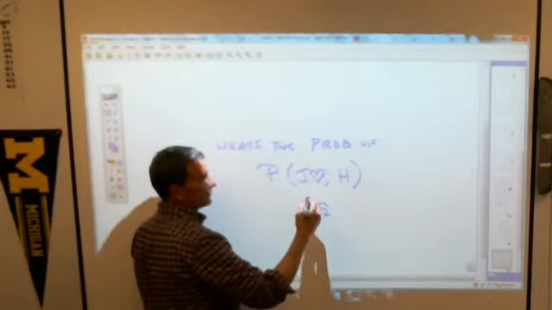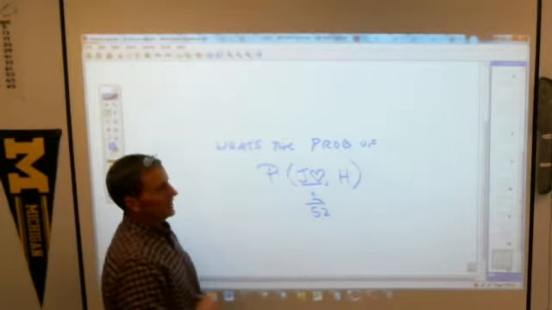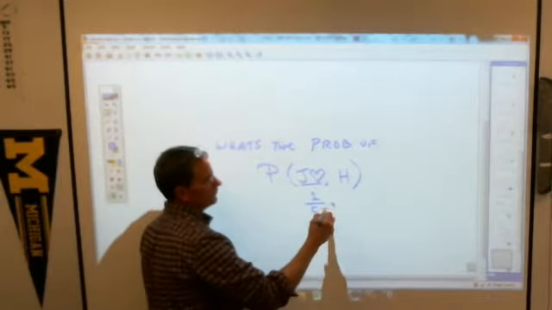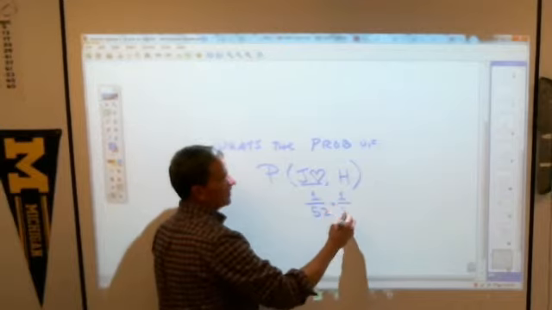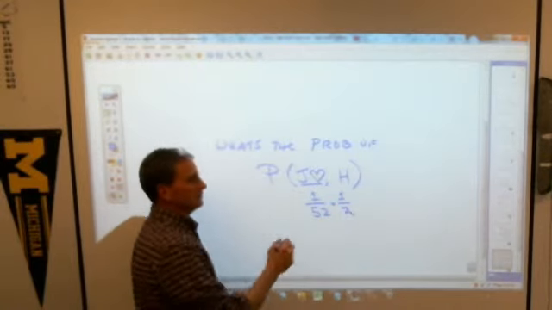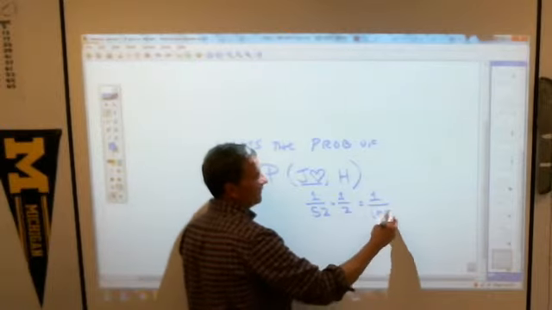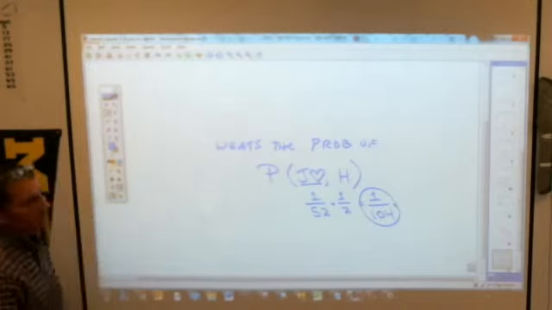No, we want one jack of hearts. So your probability of getting the jack of hearts is 1 in 52. What is your probability of flipping a head? 1/2. The probability of both of those happening, 1 over 104.